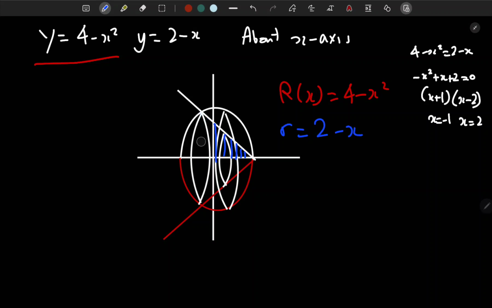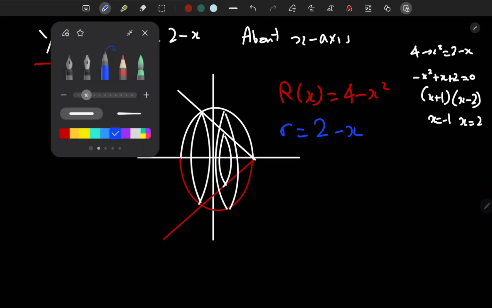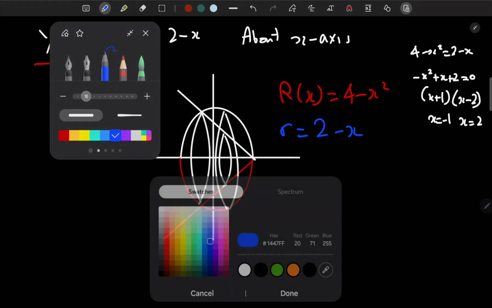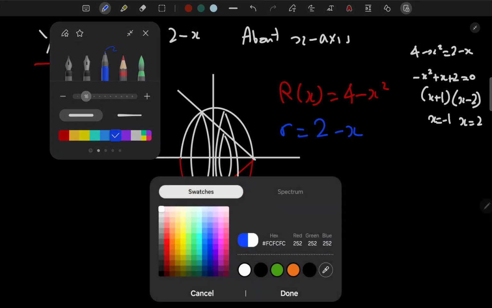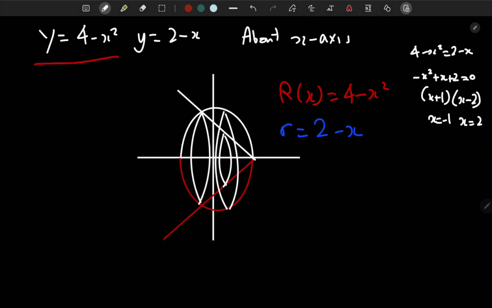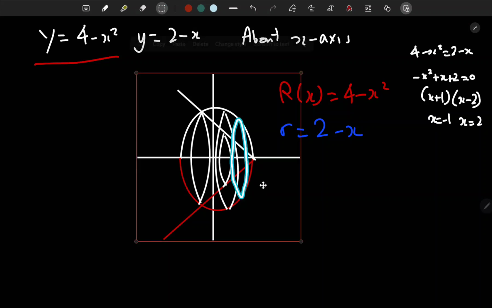So once again, if you drew the diagram, it is very clear that you can distinguish between what is the outer radius and what is the inner radius, like here. So if you draw a disk inside, let's say over here, and we have the inner disk.